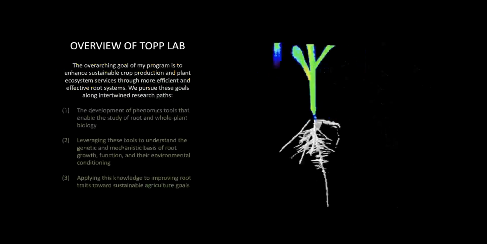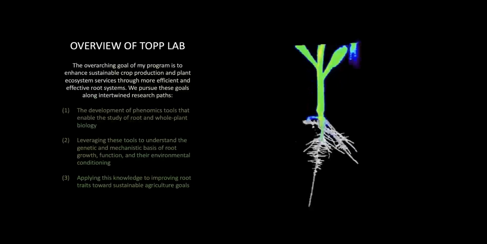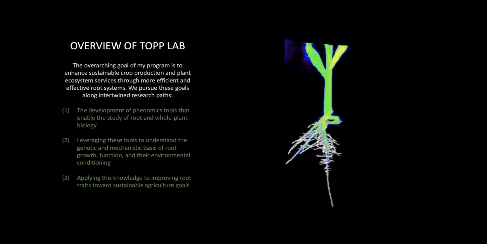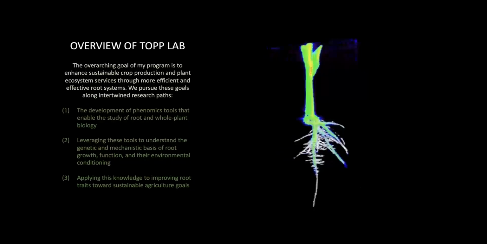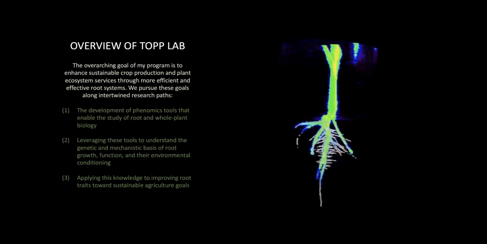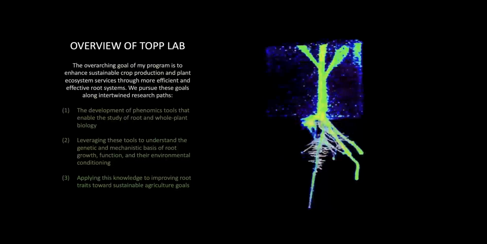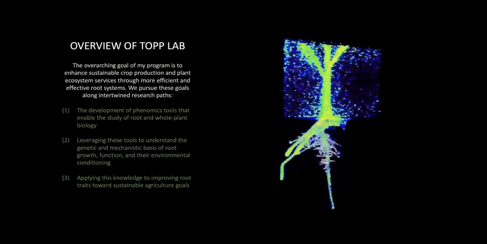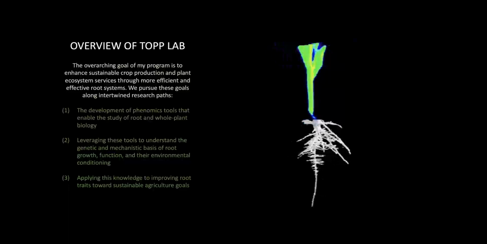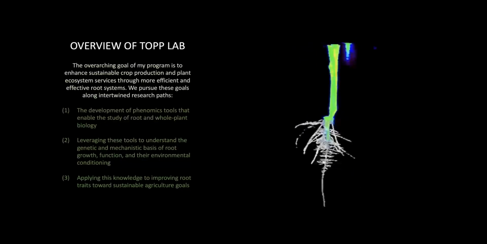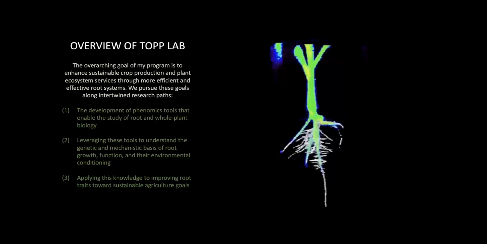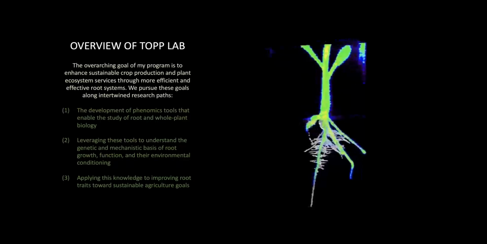Okay, so the lab basically has three paths. One is developing these phenomics tools that allow us to study roots and therefore allow us to study the whole plant. What you're seeing here is a positron emission tomography data set of 5 minutes of photo assimilate moving from leaf to root system. So like tracking in real time how the plant is allocating its carbon.